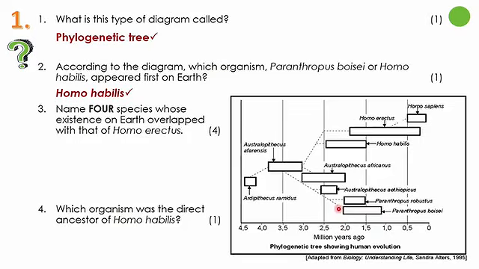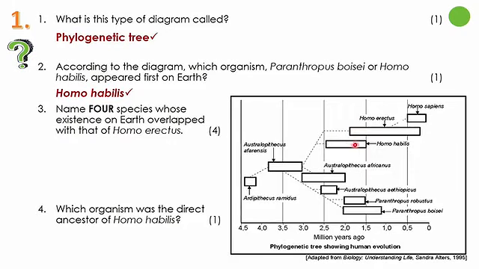So question 3 then asks, name 4 species whose existence on Earth overlaps with the Homo erectus. So we go and find Homo erectus. That bar indicates their existence period, when they originated and when the extinction event occurred, and they want us to identify 4 species that coexisted on Earth.